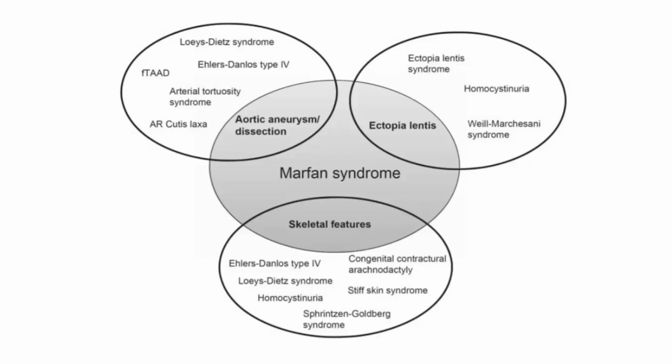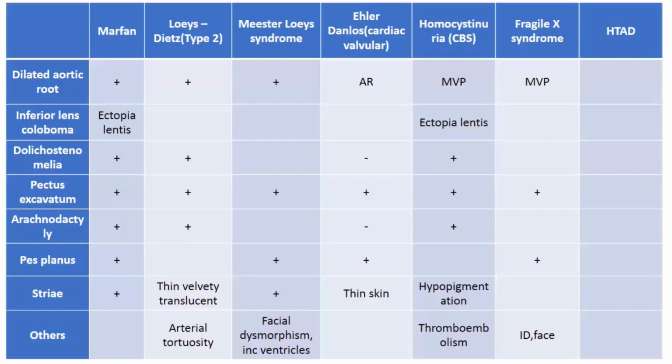Shprintzen-Goldberg will have intellectual disability. Congenital contractural arachnodactyly patients will have contractures in addition to the tall stature and arachnodactyly. So you can easily distinguish based upon the clinical features what exactly you are looking at, and then go for targeted exome sequencing, because one gene can harbor many types of mutation, and sometimes exome sequencing may not give you all the answers.